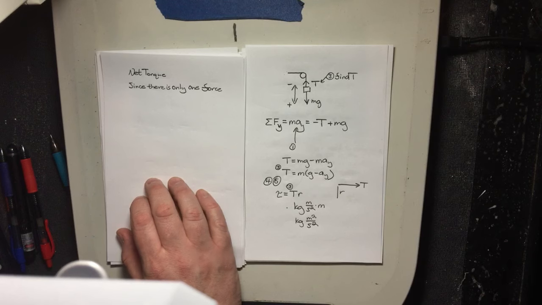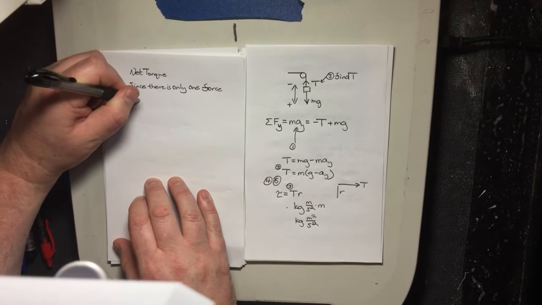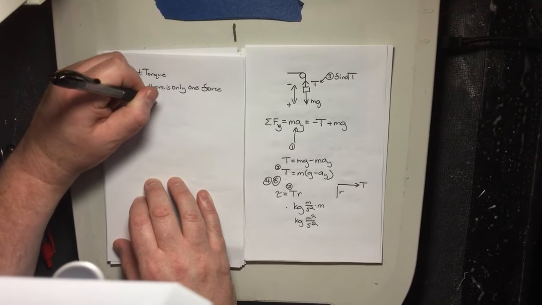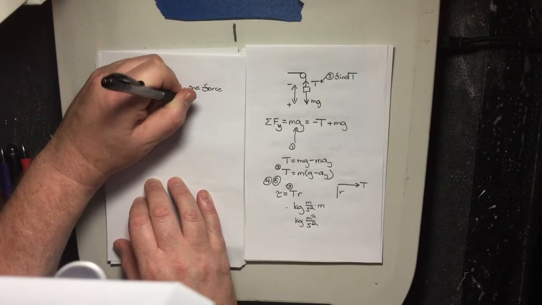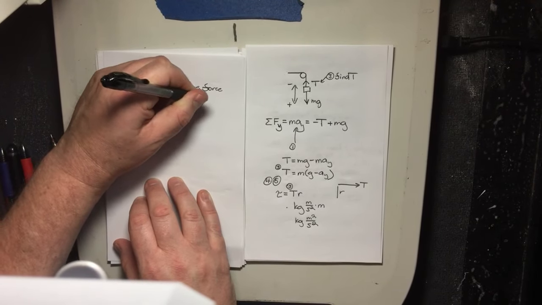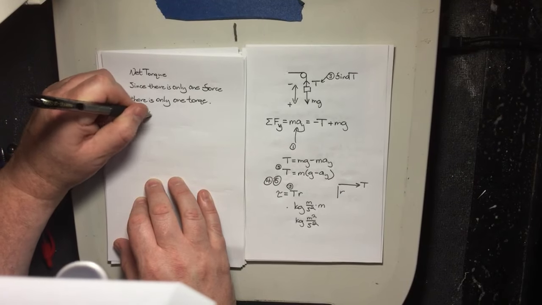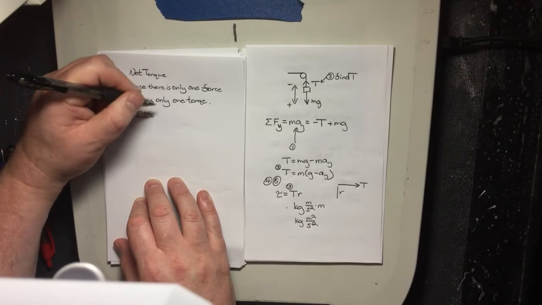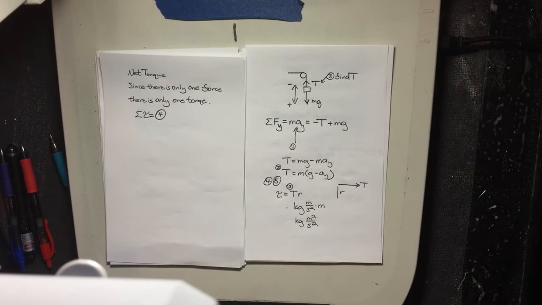Yay, no friction. And since there is only one force, there is only one torque. So the sum of the torques is just whatever answer that you get from the 4th part. And that's it. That's the pre-lab.